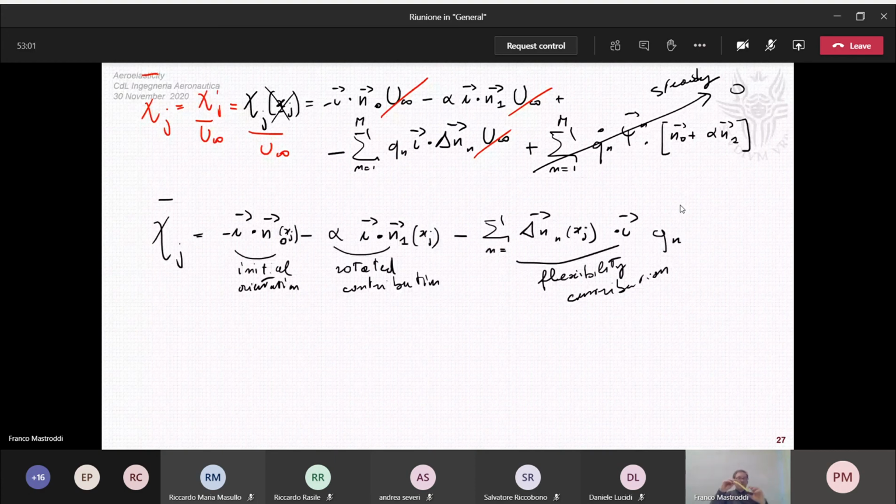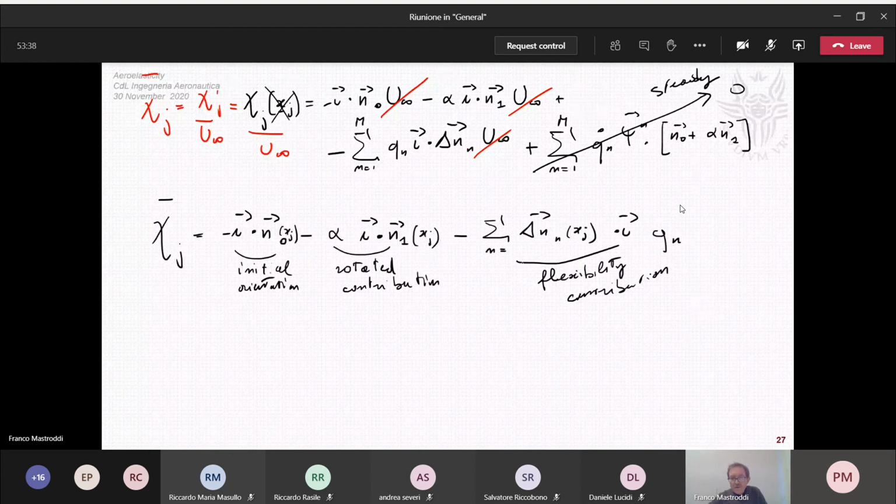So you have a flow, and you have a zero angle of attack contribution, then the rotate contribution of the angle of attack, and then deformation. Okay, so you have a final contribution to the normal wash given by the sum of these three separated contributions. Of course, we are in a linear regime, so we are simply summing each of these effects for giving the final boundary condition.